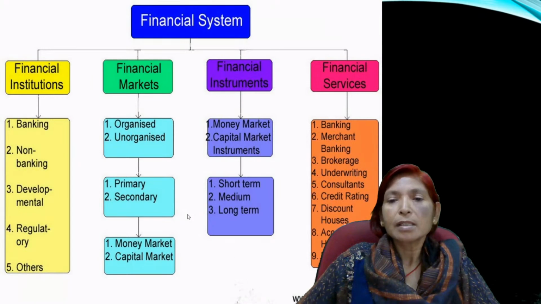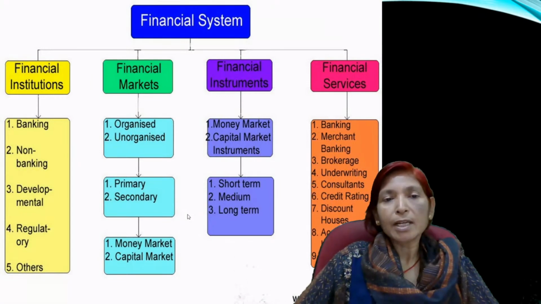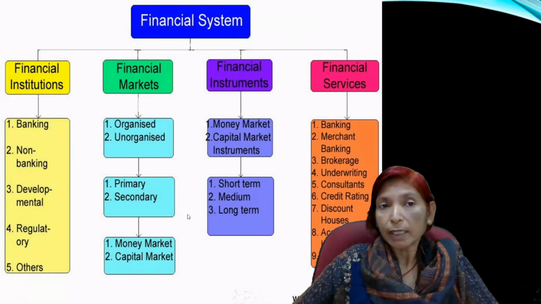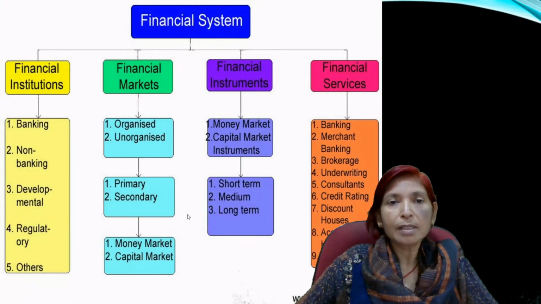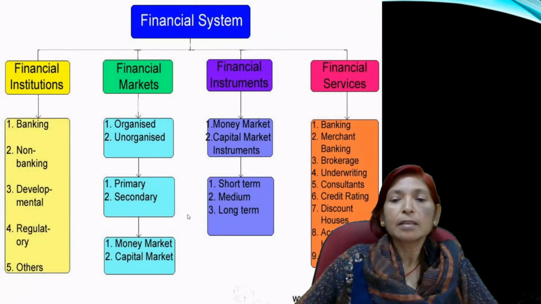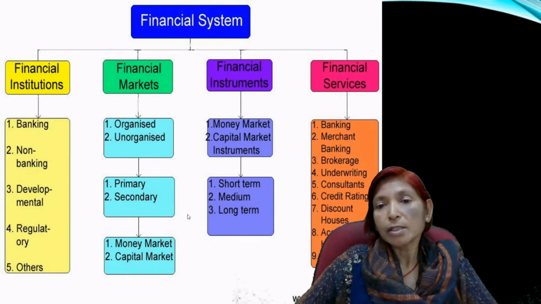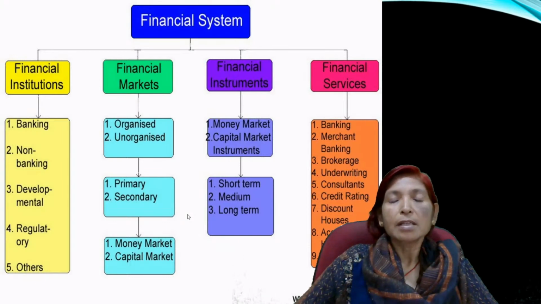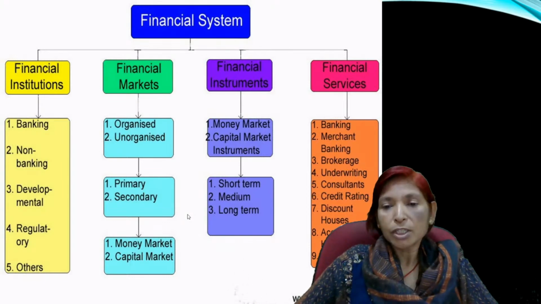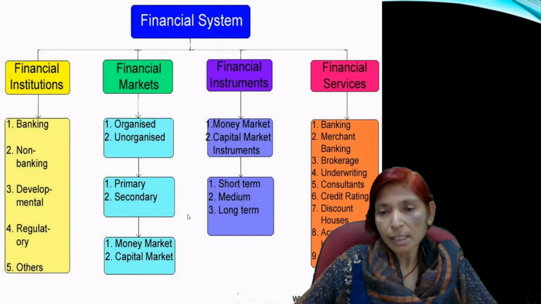Financial services: who provides financial services? You know that the banking system provides financial services, merchant banking also provides financial services, and brokers or brokerage who take commission for providing these financial services.